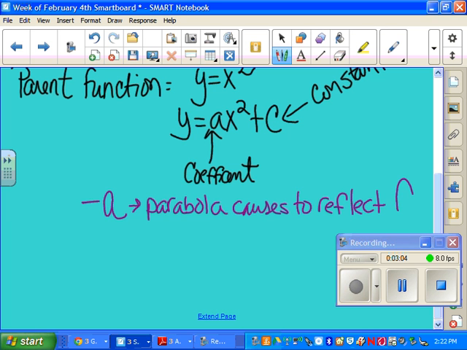Guys, when I say stretch, I mean it makes it skinnier, and compress means it gets fatter.